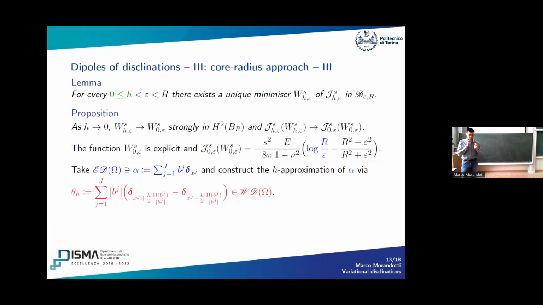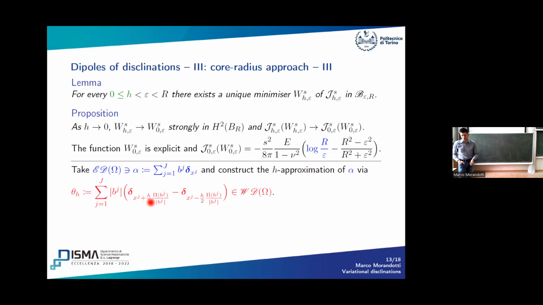And now if we have dislocations, on the contrary, we can approximate them by dipoles of disclinations, constructing them with some sort of reverse engineering process, right? So dislocations will be placed randomly in the material, and they will have their own Burgers vector. So by the fact that the dipole needs to be the rotation by pi over 2 of that Burgers vector, we can construct dipoles which will converge, if this dipole length is converging to 0, to that dislocation that is given to us through the measure alpha here.